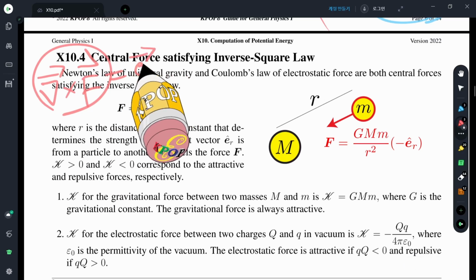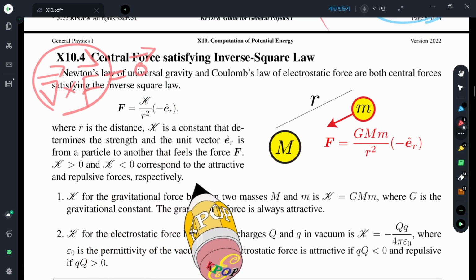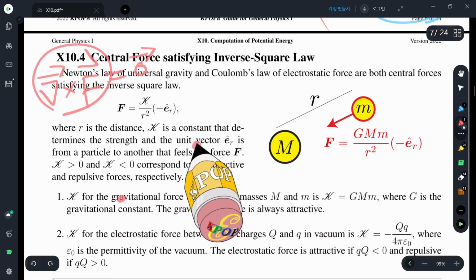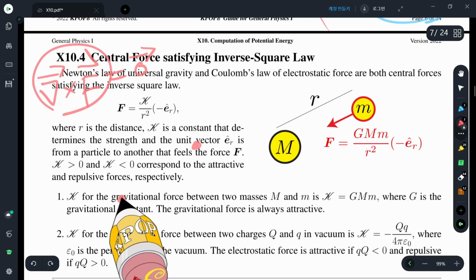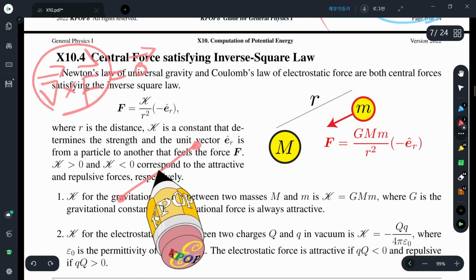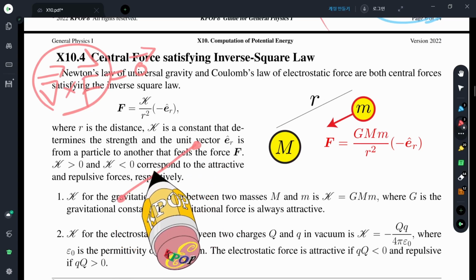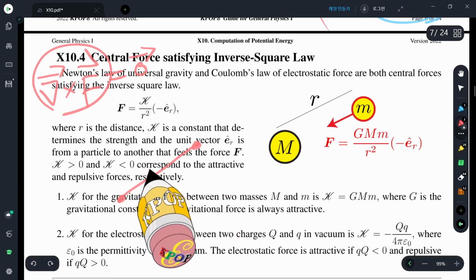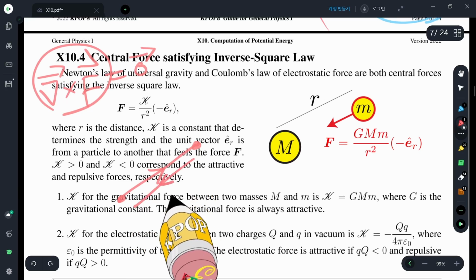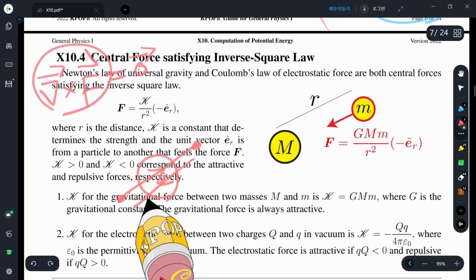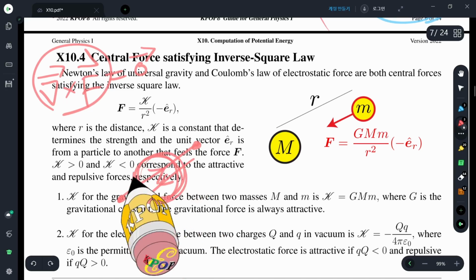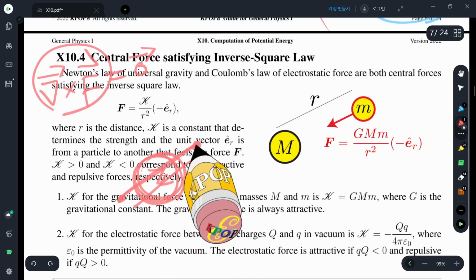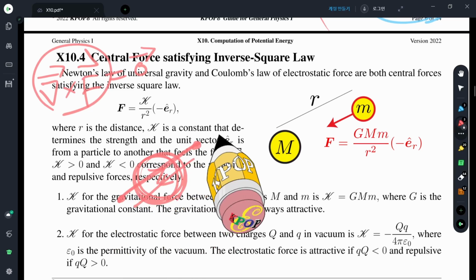What is the central force? Central force is a force between two objects whose direction is along the straight line connecting the two objects, either parallel or anti-parallel. That doesn't matter. However, it should always be parallel to the line connecting the two objects.